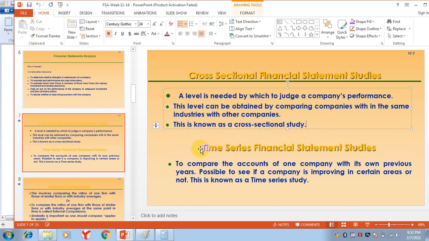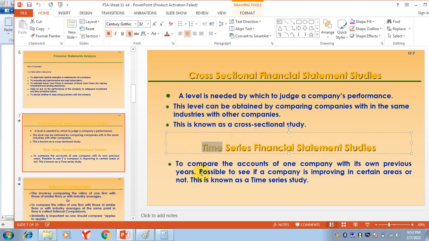Simply you can say with your competitors. Time series financial studies. Now time series, from the name it is clear, is with respect to time: to compare the accounts of one company with its own previous years.